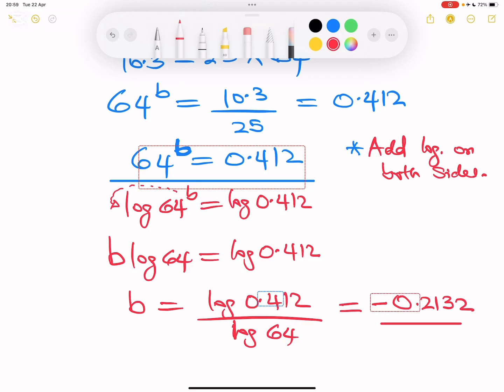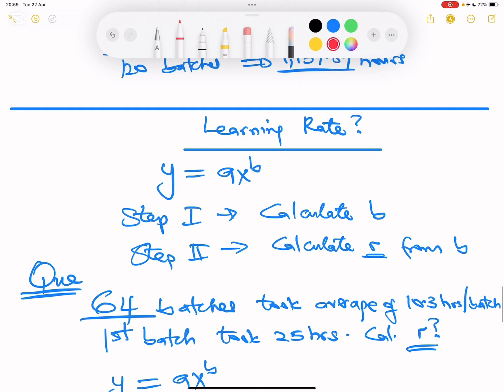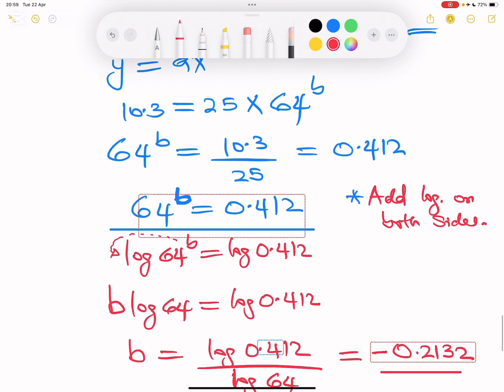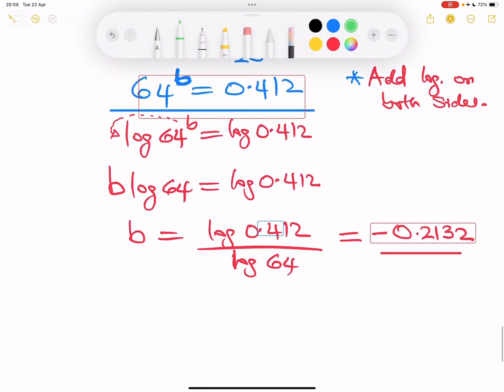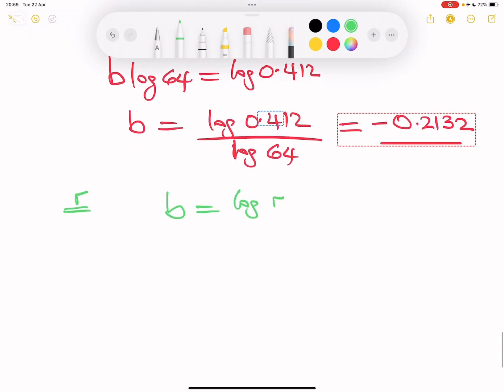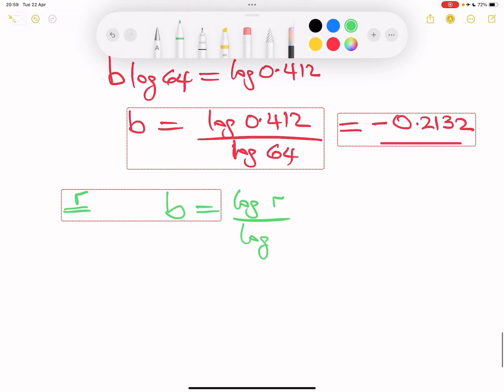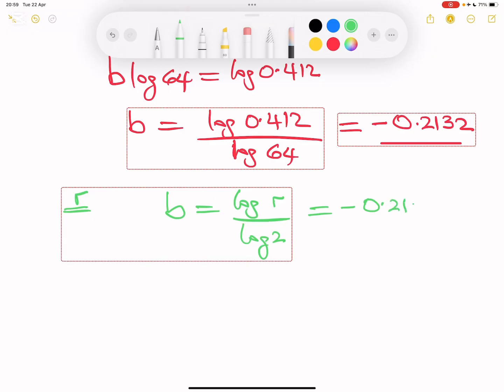Now that is step 1. We've calculated B. Now it's time to calculate R, which is your learning rate. But you know that B equals log R divided by log 2. So this equation is equal to negative 0.2132.